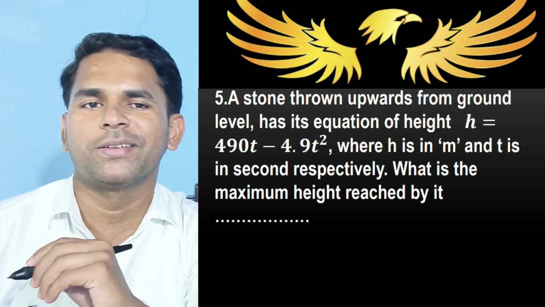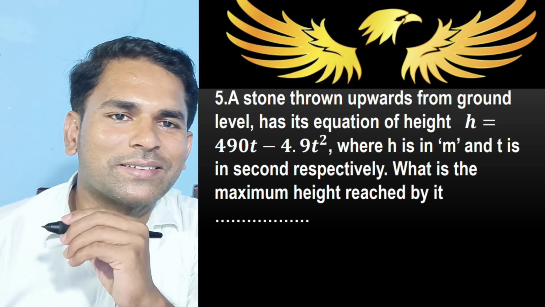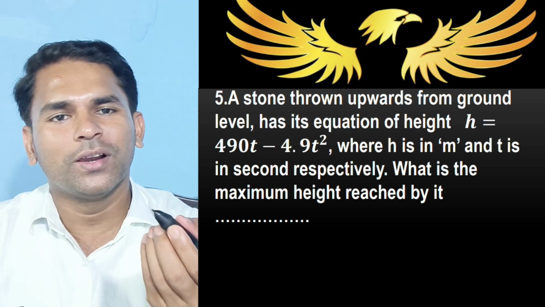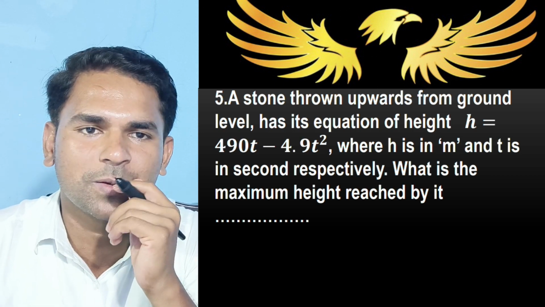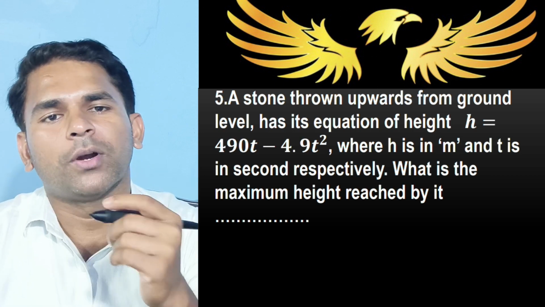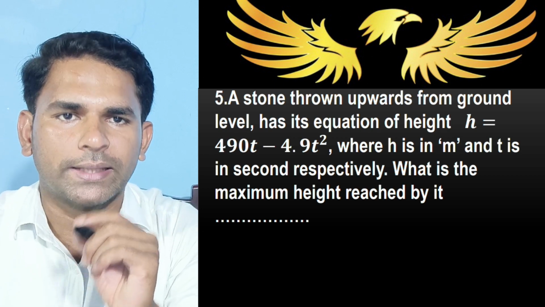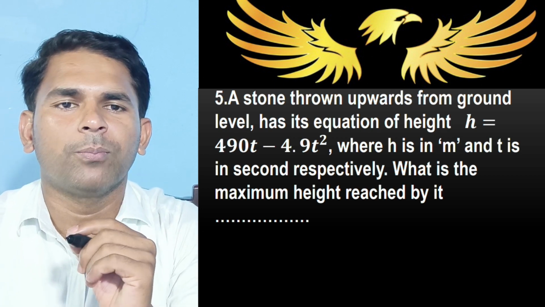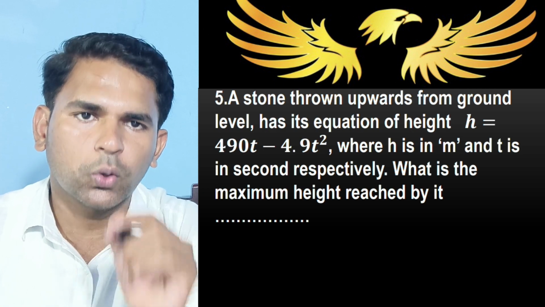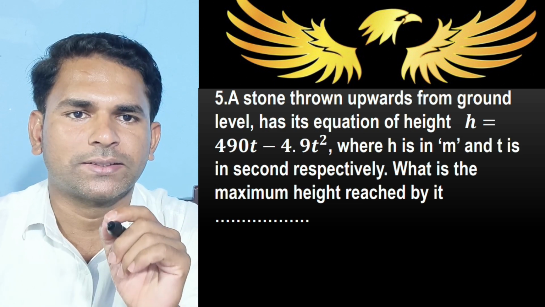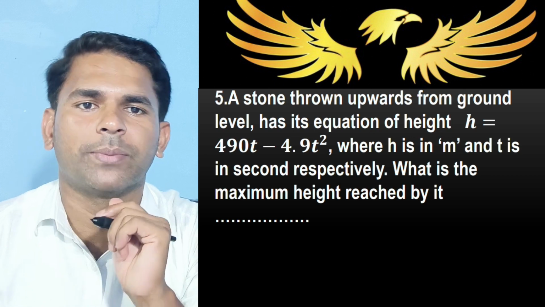Again a maximum condition came, so you will apply the same differentiation method. Now maybe you are able to understand why we are learning this physical mathematics. It is very important for solving physics problems with the help of mathematical calculation.